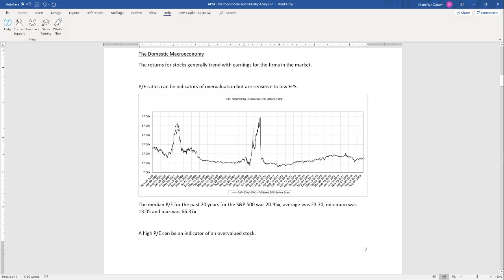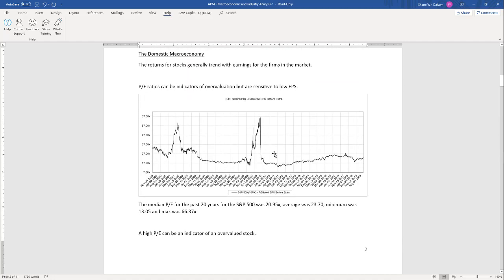We see a bump here in the early 2000s. Then we see a bigger bump here in 2009 and 2010, and this is because of a recession, this first one, and the second one is because of the financial crisis.